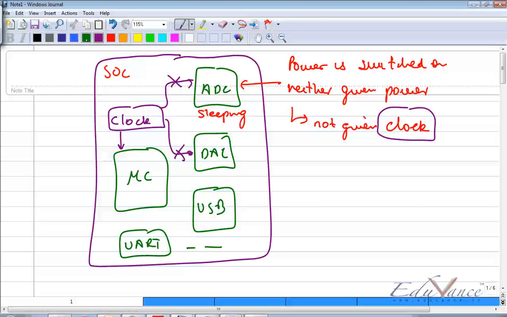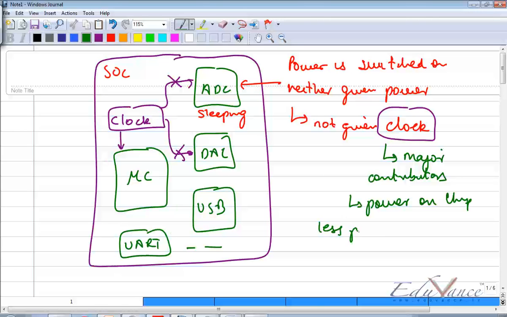The reason behind that is clock is one of the major contributors towards power consumption on a chip. So if you don't supply clock to any interface ICs, that will obviously consume less power. So initially it's only the microcontroller, the clock and the memory that are awake, and the interface ICs are sleeping.